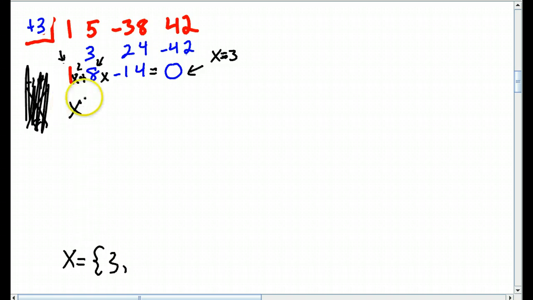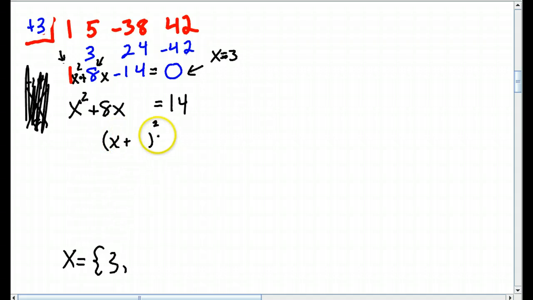We have x squared plus 8x, leave a space, equals 14. Set everything all up. So as you can see, we're not doing anything new so much as using everything we already know.